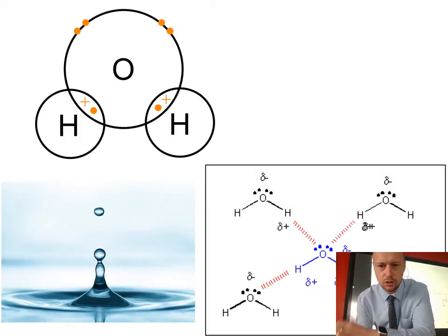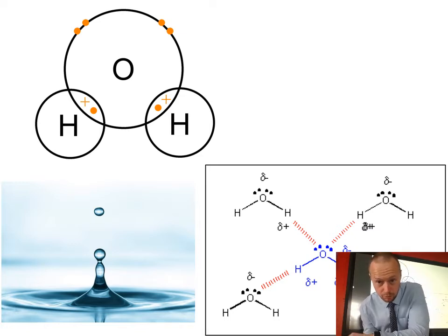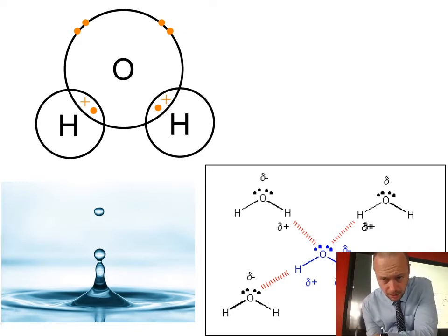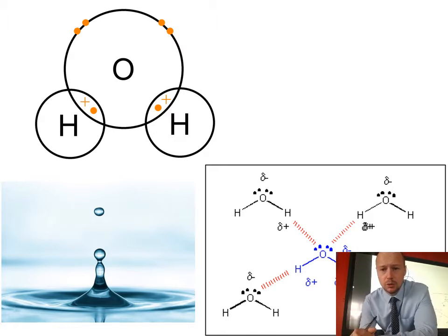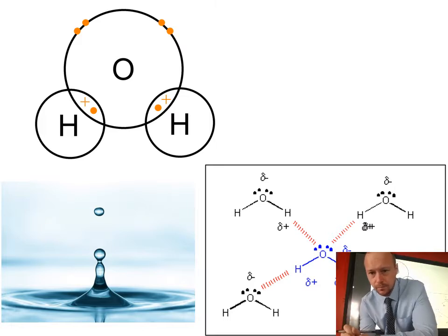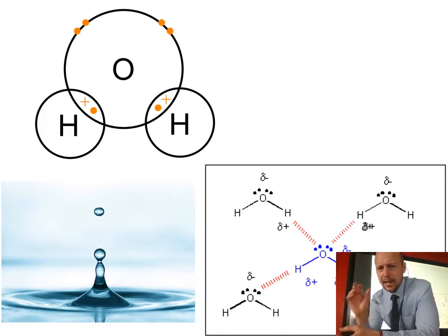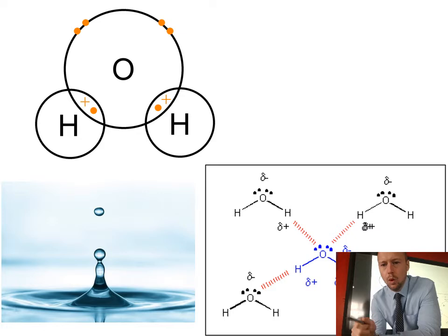Before we understand transpiration, we're going to do first the movement of water. We need to understand what a water molecule would look like. So it's H2O, and it's a covalent bond between a hydrogen and an oxygen. How many electrons does hydrogen have? It's got one.